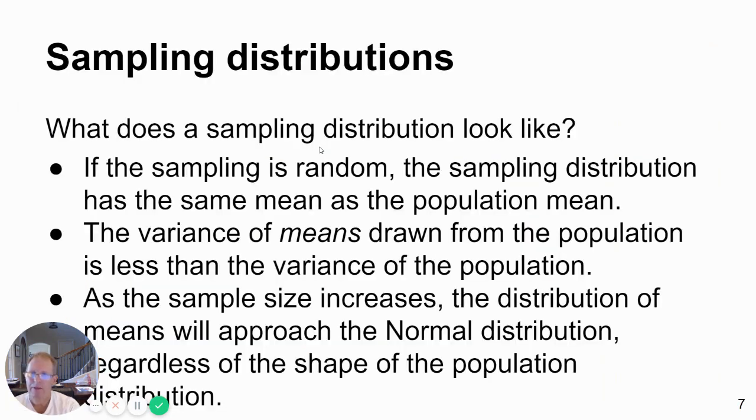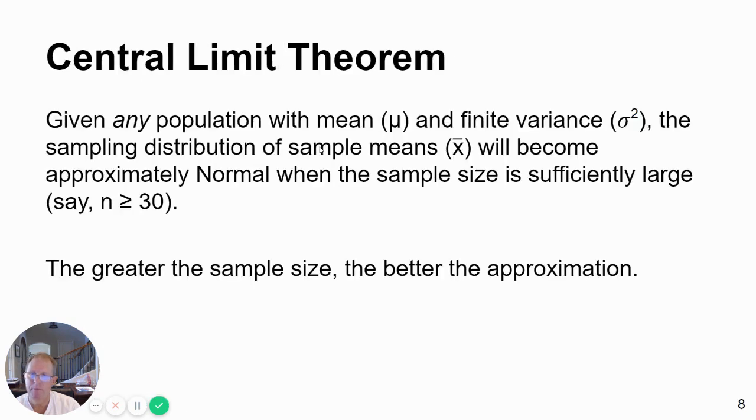So on this slide, I just want to talk about the last bullet point. As the sample size increases, the distribution of means will approach the normal distribution regardless of the shape of the population distribution. This last principle right there is called the Central Limit Theorem. This is a very important theorem in all of stats.